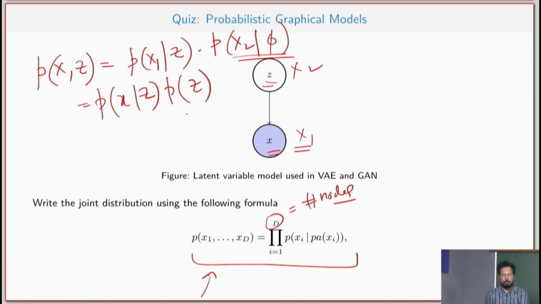So in this case, obviously this is a very simple case, but the idea is that if you learn this for more complicated things, then you have a way to write down the chain rule. So this is the joint distribution we have. And it turns out this very simple case is what is needed in the VAE. VAE and GANs both use this framework.